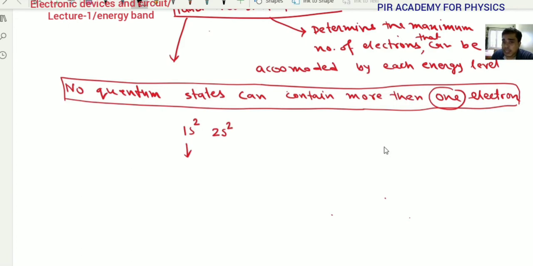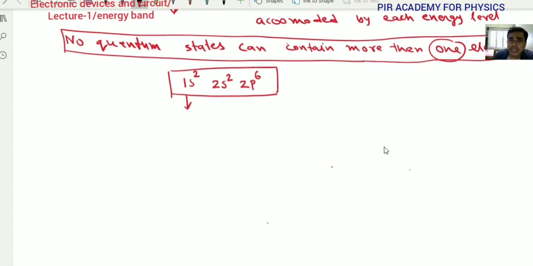If I say 2p, it has 6 quantum states, that's why it contains 6 electrons. This is the process of how the electrons are filled in the various energy levels.